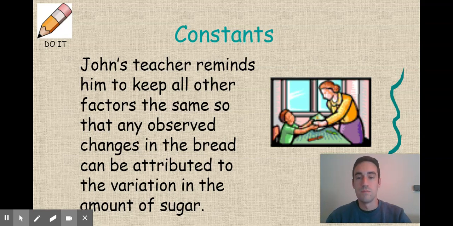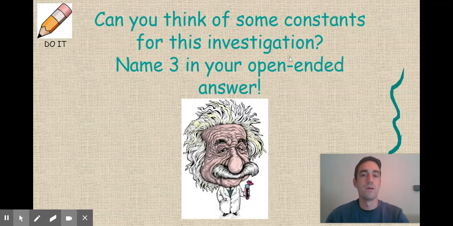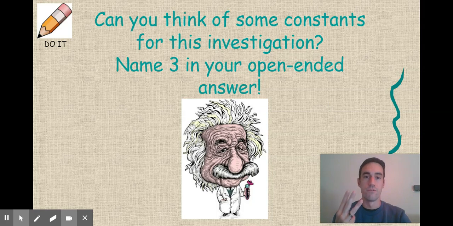His teacher reminds him to keep everything else the same so that the only thing we're testing is the amount of sugar. So I want you to try and think of 3 different constants that John could keep the same. If you're having a hard time, think about everything else that goes into baking a loaf of bread. And we're going to come back in just a second and see how many we can think of.